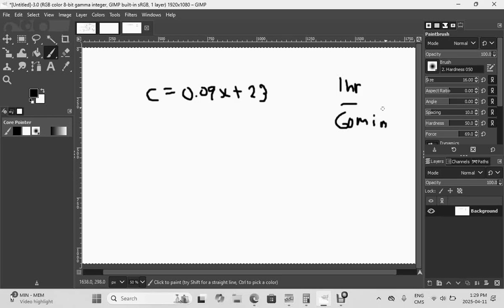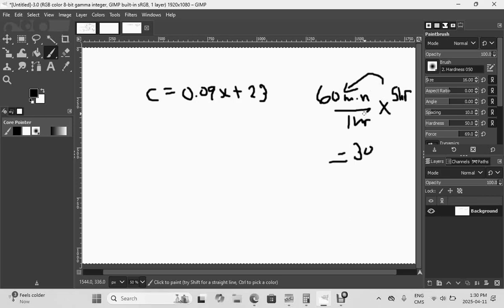So we take 60 minutes in an hour times 5 hours, because we need to find the total number of minutes in 5 hours. This will be 5 times 60, which is 300 minutes.